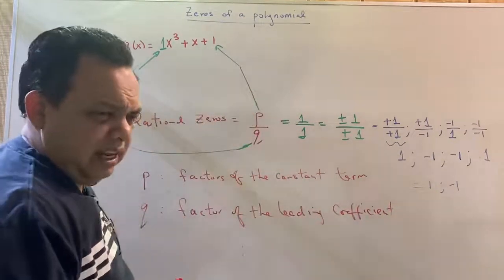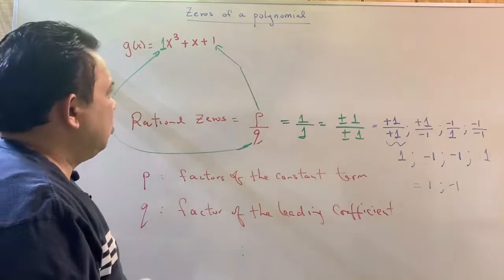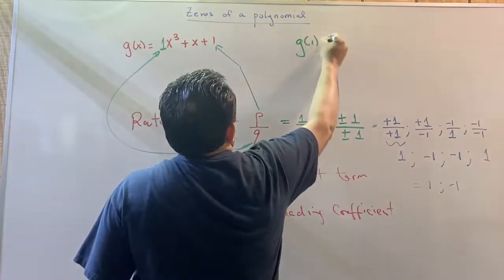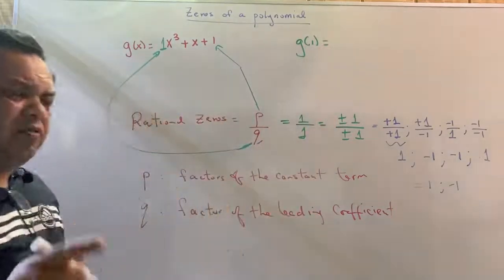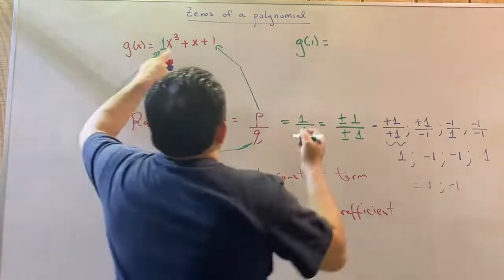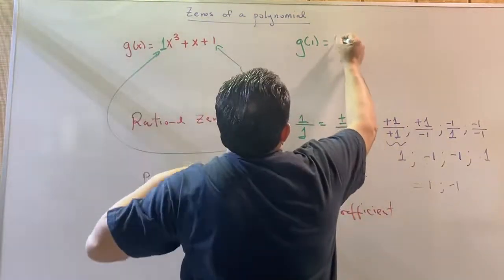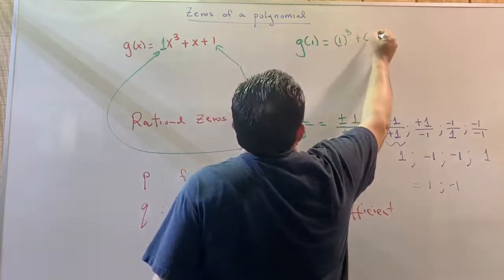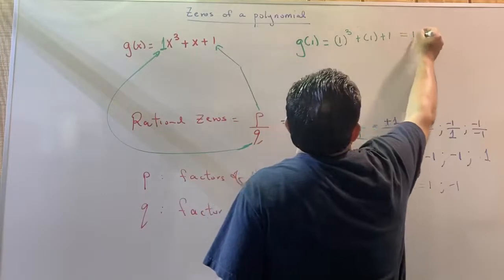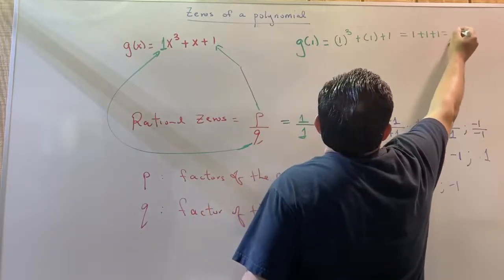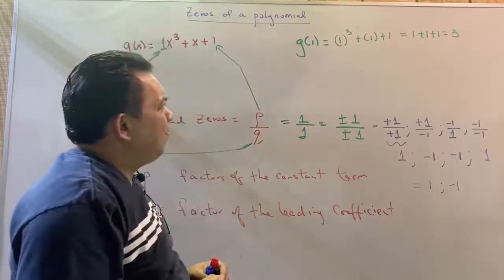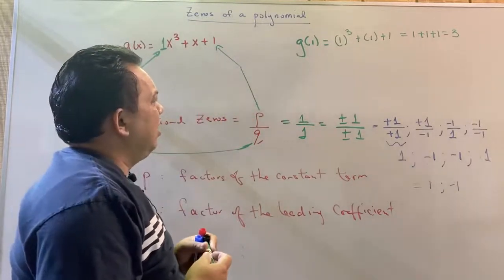Well, we saw in synthetic division, we also have the option: what is g of positive 1? If g of positive 1 is equal to 0, then we know that 1 is a zero. Well, let's try that. So we have 1 cubed plus 1 plus 1. This becomes 1 plus 1 plus 1, which is equal to 3. So 1 doesn't seem to be a zero.